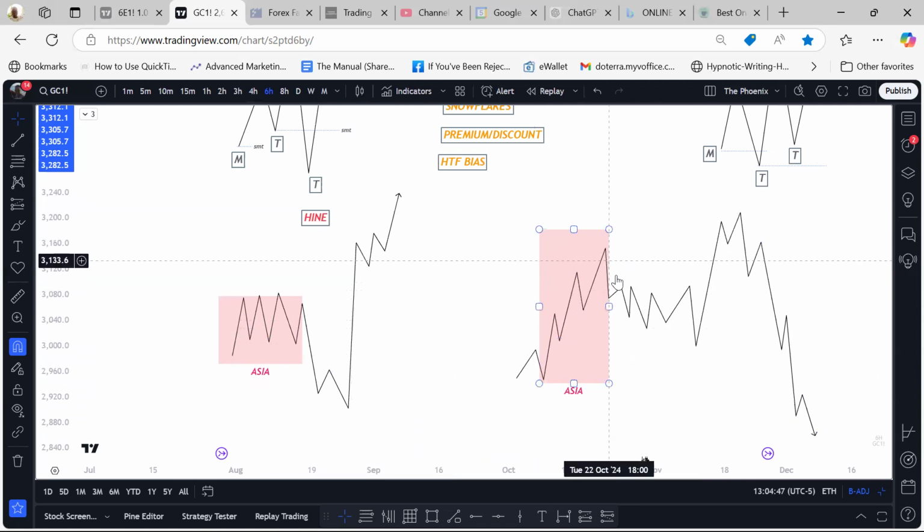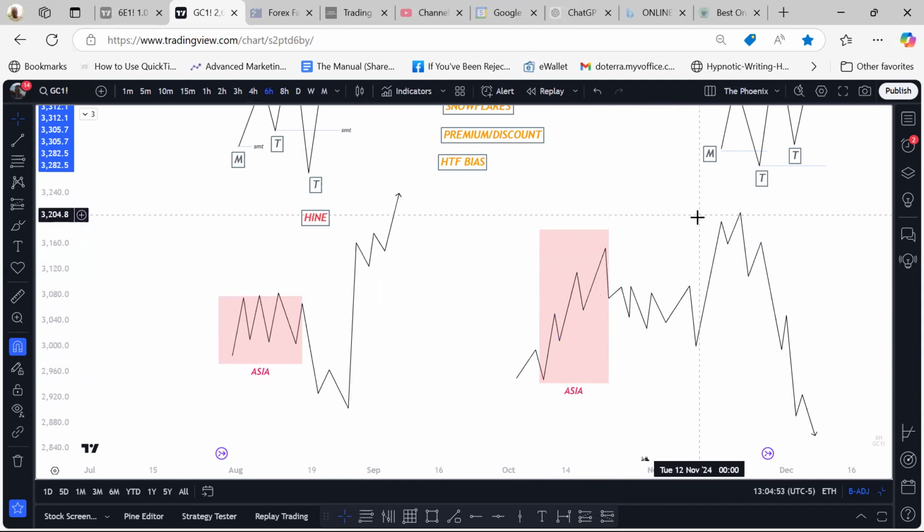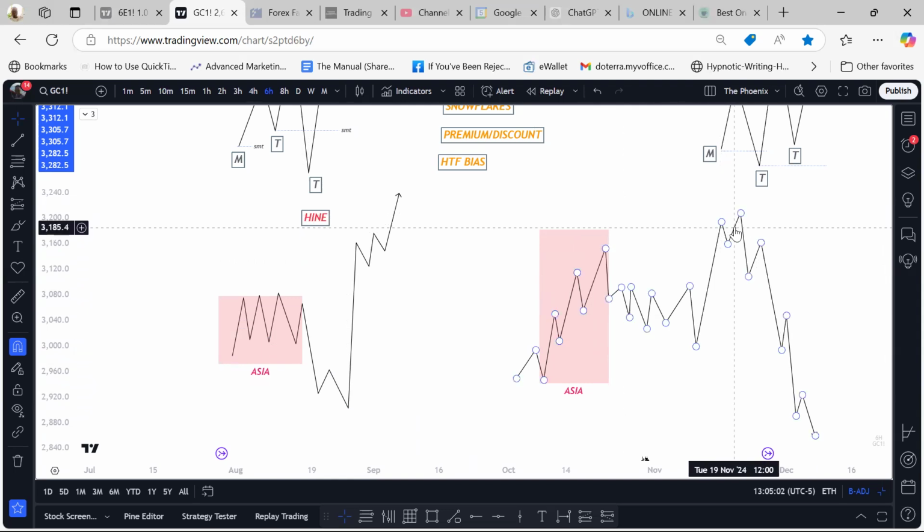Asia expands, and for example, London consolidates, we'd want to see further expansion in New York, giving us some form of manipulation happening, and we want to see SMT happening again at that high of day. So this was the low of day at the high of the day. Want to see SMT being created here.